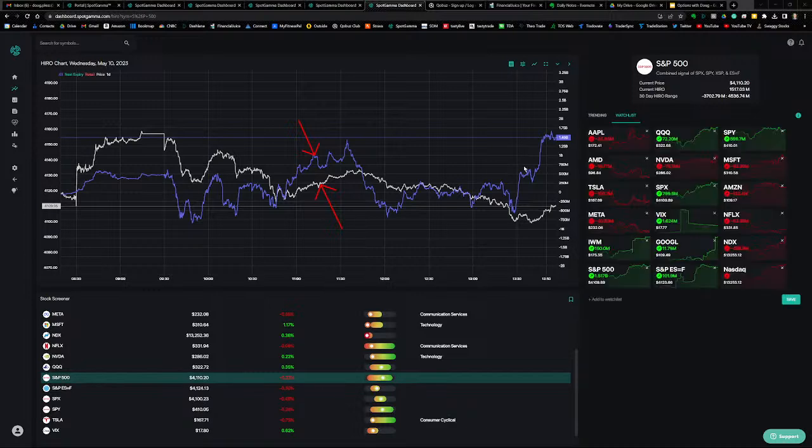This is the total or combined signal for the S&P 500. This is generally the signal that I look at if I'm trading any form of the S&P 500, whether that is futures or shares or SPX options.